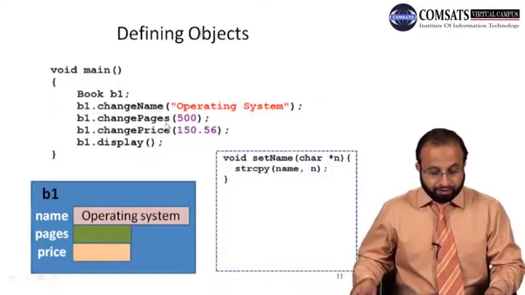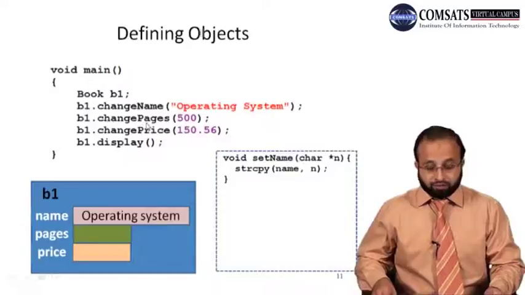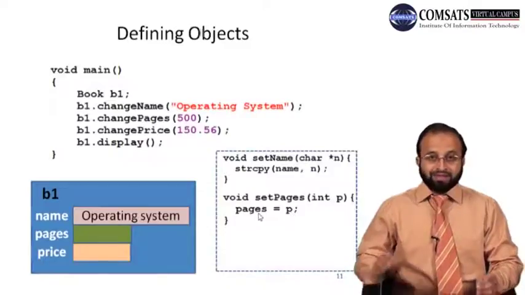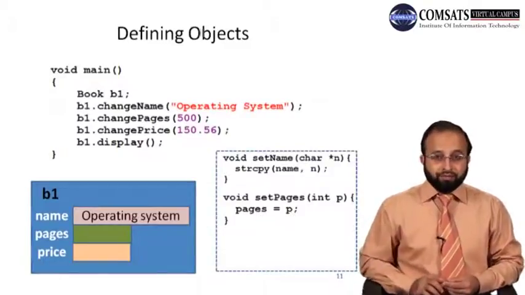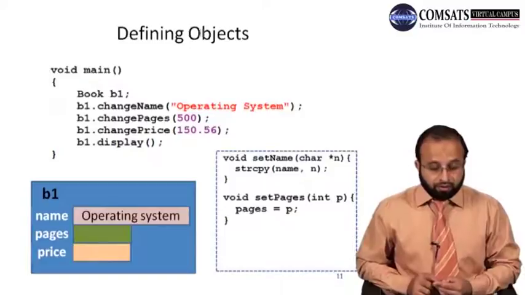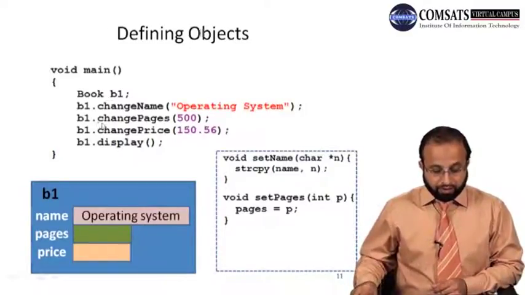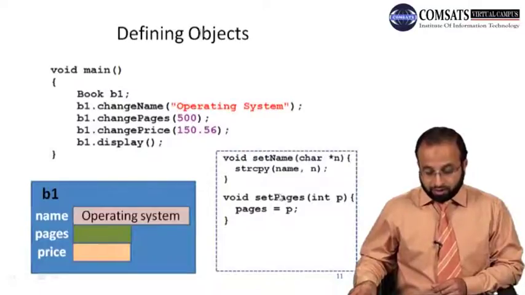Then the third statement is again a function call, set pages. So set pages is this function. You are passing a value 500. So 500 is assigned to pages, and pages is the private data member of the object of the book class. So we have to check the pages that you are accessing inside this set pages function.